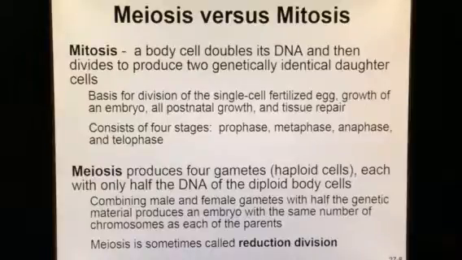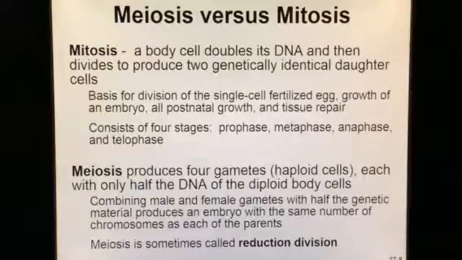So if the full set, the diploid number is 46 in humans, which it is, the haploid cells would have 23 chromosomes. So that's only half of the DNA of a diploid cell. And then these gametes, during sexual reproduction, are going to combine and fertilize each other, and then that's going to restore the diploid number. That means it goes back to the full set of chromosomes.